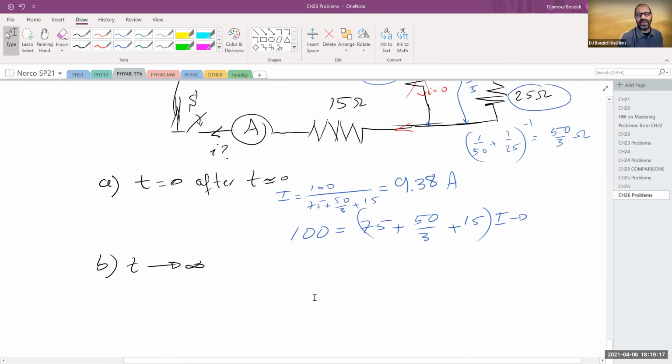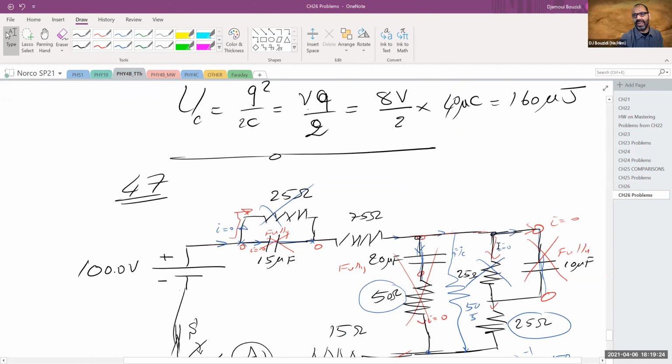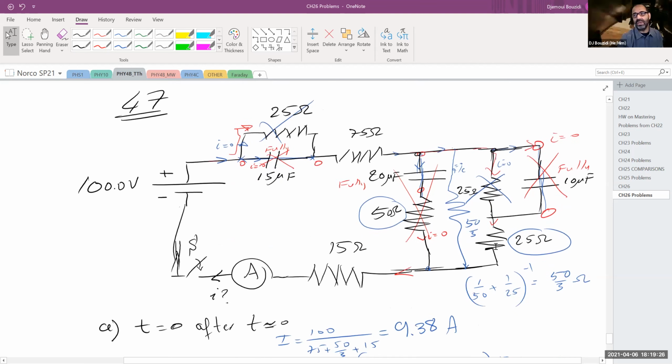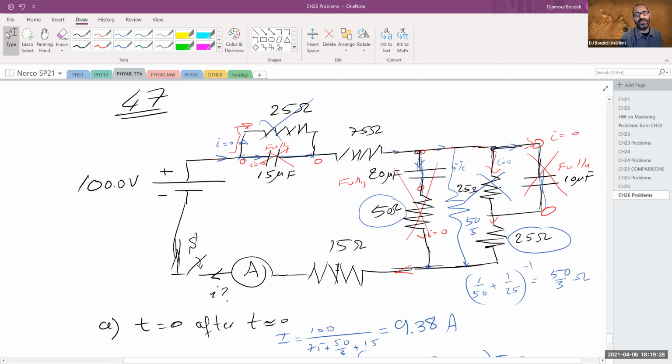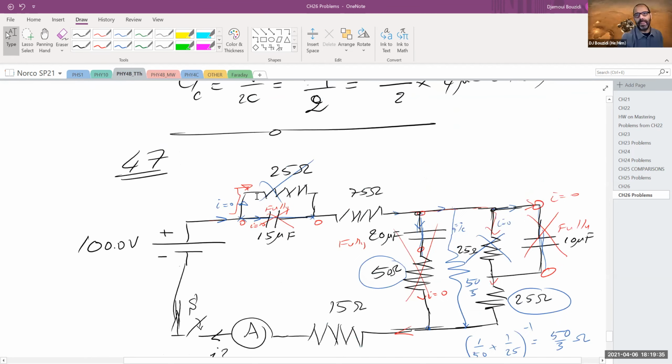So now the calculation is slightly different. So it's still the 100. And I have the 25 in series with the 50, in series with this 25, in series with this 25, in series with this 15. So the current now is going to be, again, 25, the top 25, this one. The current must go through it because this is now closed, open, okay?